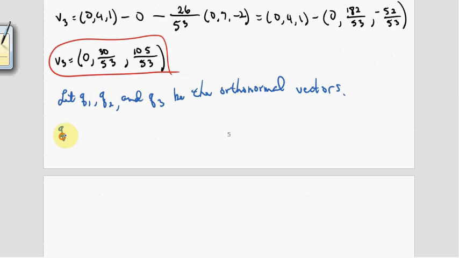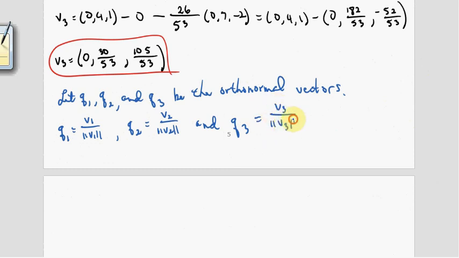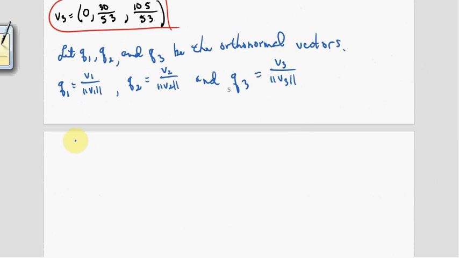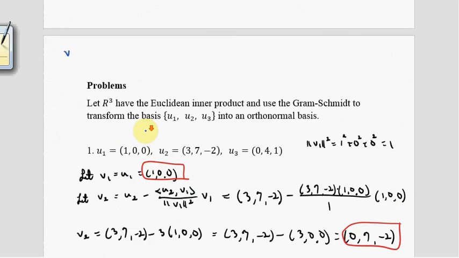So Q1 is equal to V1 divided by the norm of V1. Q2 is equal to V2 divided by the norm of V sub 2. And Q sub 3 is equal to V sub 3 divided by the norm of V sub 3. So, let's see here. V sub 1 was 1, 0, 0. I think that's right. Yes.